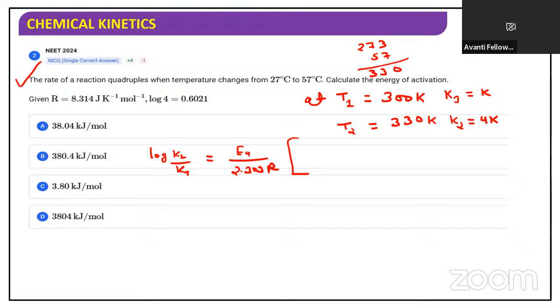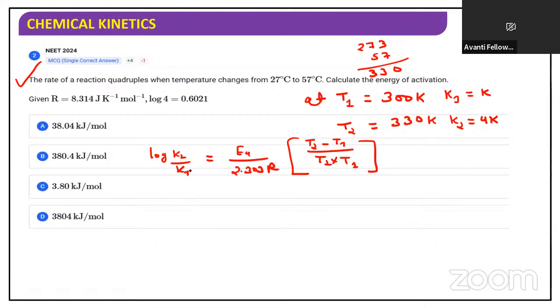So in this question you need to assume that if at 300 Kelvin the rate constant is K, then at 330 Kelvin it becomes 4K, because the question states that the rate of reaction is increasing four times, right? So four times means this. Is this clear now? Yes, tell me, now is this clear?